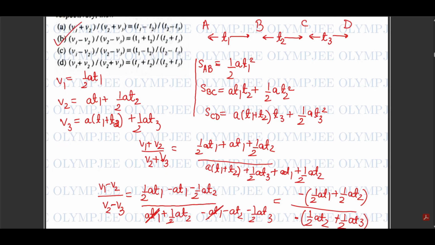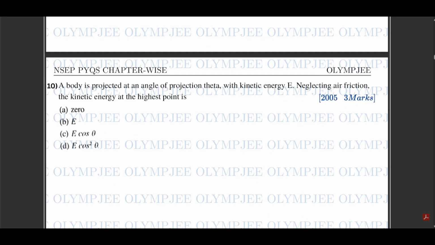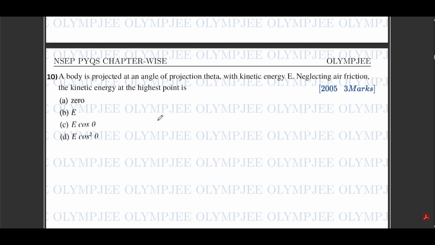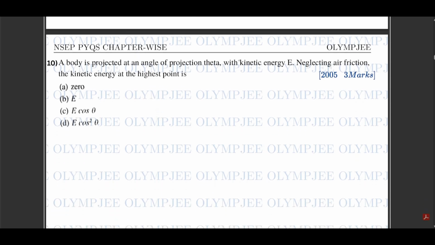So question 10 states that a body is projected at an angle of projection theta with kinetic energy E. Neglecting air friction, the kinetic energy at the highest point is. So it is projected at theta. Assume that the velocity is u, and so kinetic energy is given as E, which is half m u square.